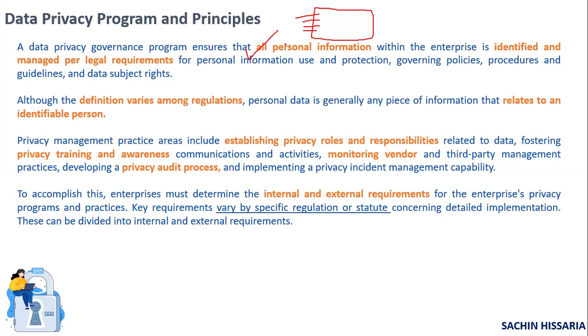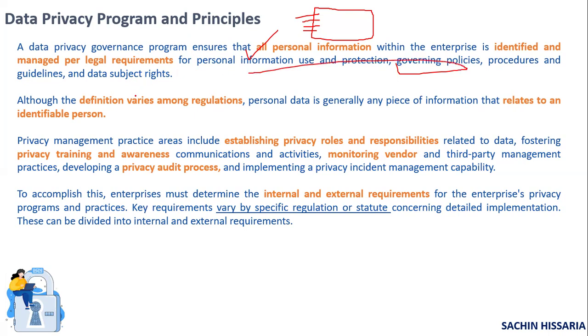You need to identify that first, and it has to be managed as per the legal requirement. Then there are governing policies, procedures, guidelines, and data subject rights for personal information use and data protection. As part of this data privacy program, a company needs to maintain certain governance policies and procedures, and they also need to document the data subject rights.